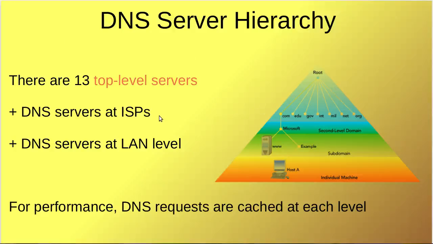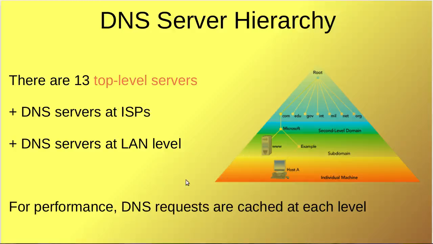Like for example, in UWRF there are DNS servers at the LAN level and one main one for the entire organization. And if you're at home, chances are you're using an ISP or maybe using a mobile network connection. It'll be your ISP or your telephone service provider that has a DNS server. So they're everywhere. They're sort of invisible.